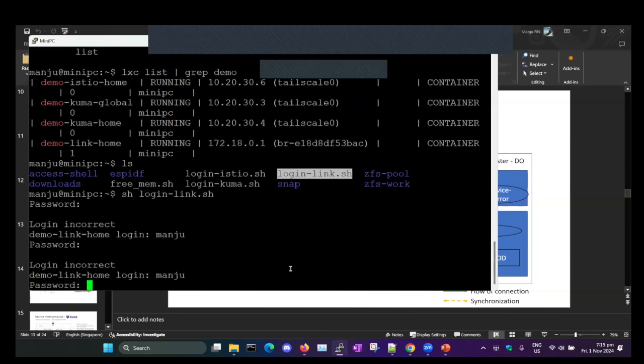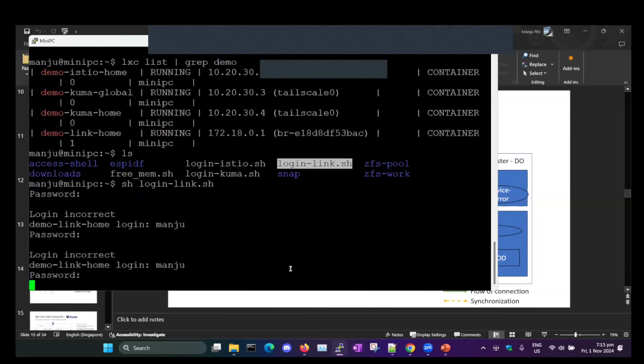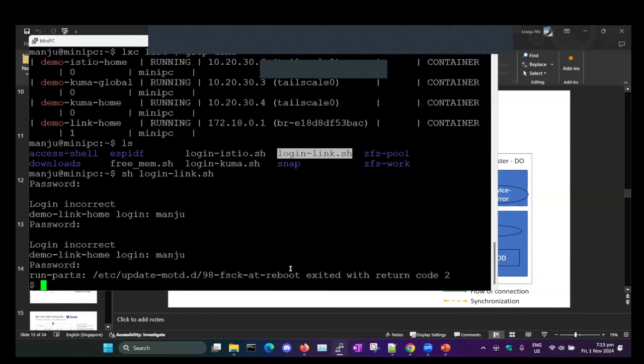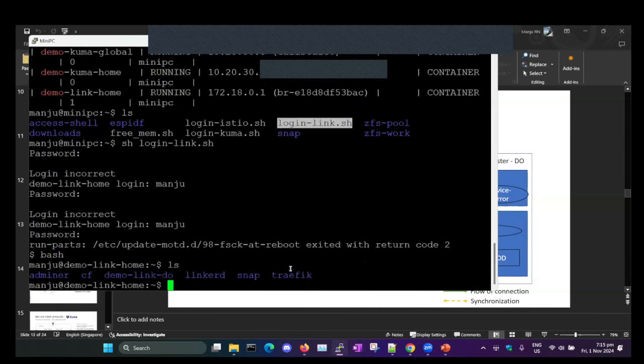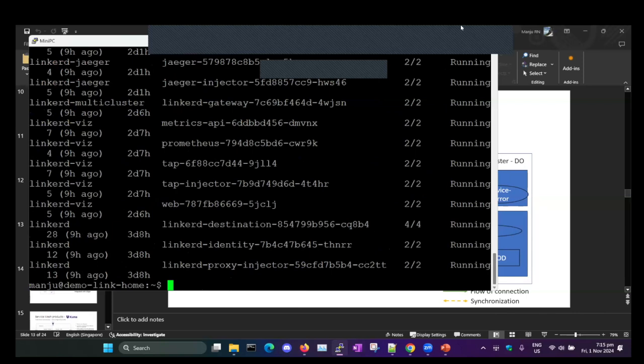Come on. It always happens in a demo. Okay, so this is one cluster which is already running with Linkerd. What you can see here, we can expand this.